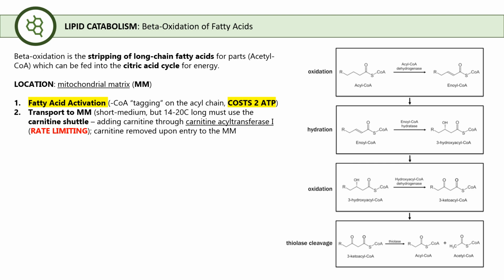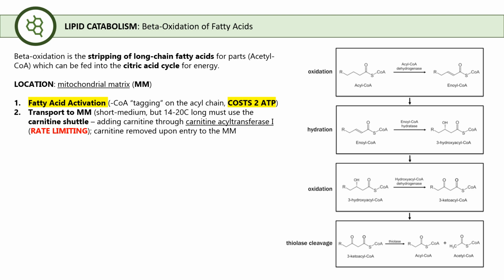Short chain 1 to 6 carbons or medium chain fatty acids, which are 7 to 14 carbons long, can simply head to the mitochondria, but greater than 14 to 20 carbon chains must use something called the carnitine shuttle, which requires adding carnitine to the acyl-CoA through the rate-limiting enzyme carnitine palmitoyltransferase 1. Once the longer acyl-CoA reaches the matrix, the carnitine can be removed. But now we can perform beta oxidation.